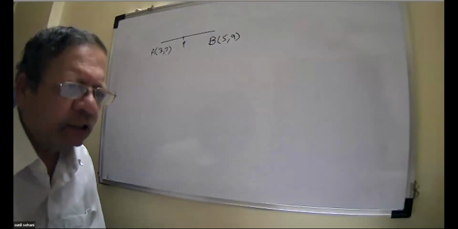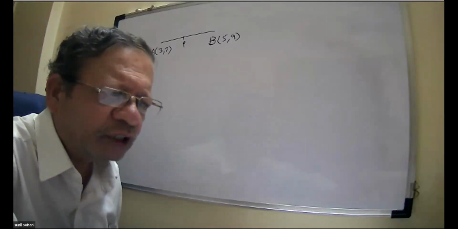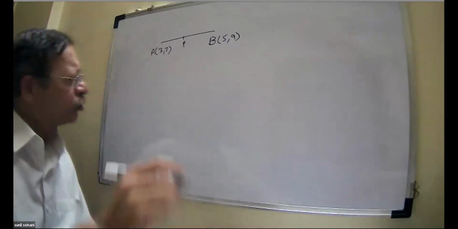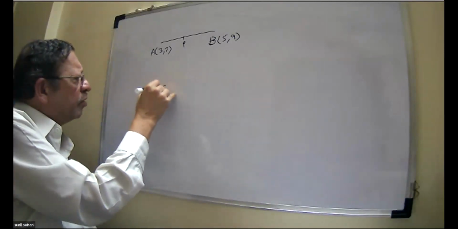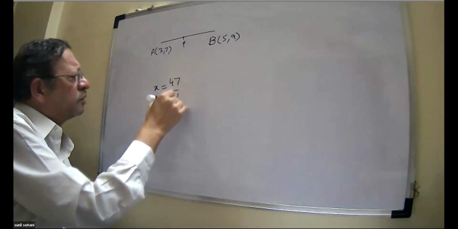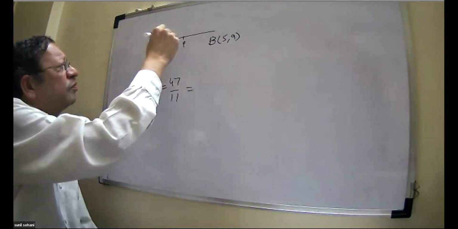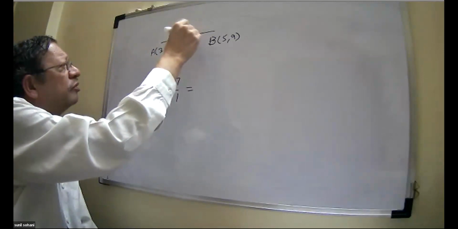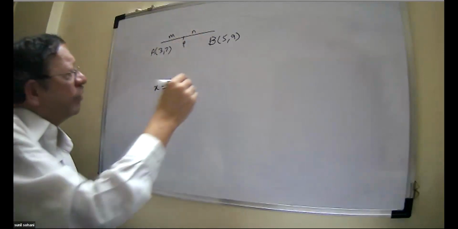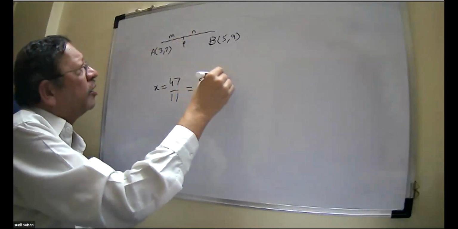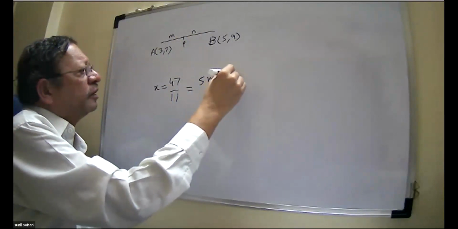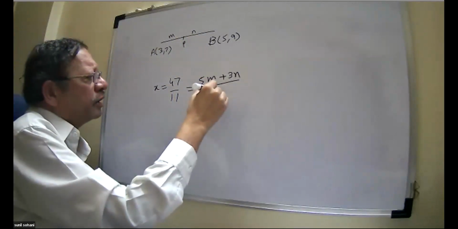So P is a point and the coordinates of P are 47 upon 11, 91 upon 11. I am taking the x coordinate of P, 47 upon 11, and the x coordinate is given by the ratio formula, (5m plus 3n) upon (m plus n).